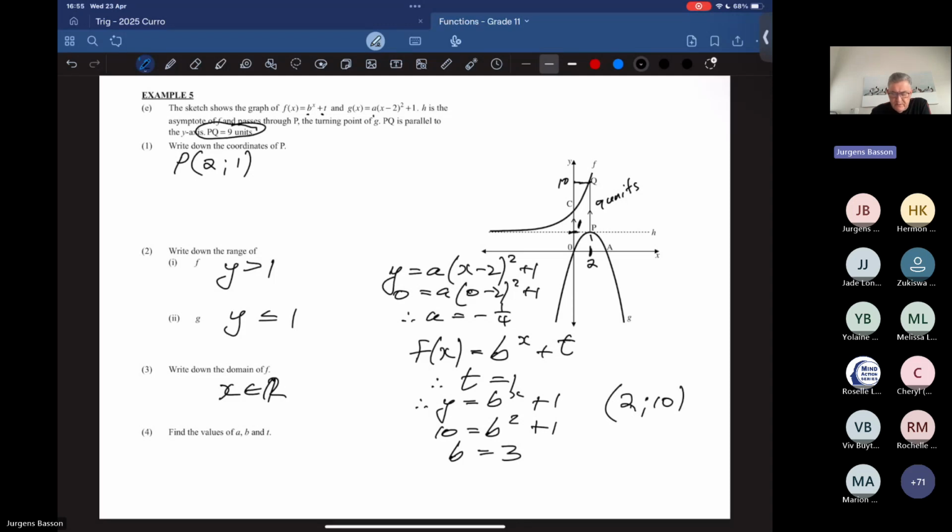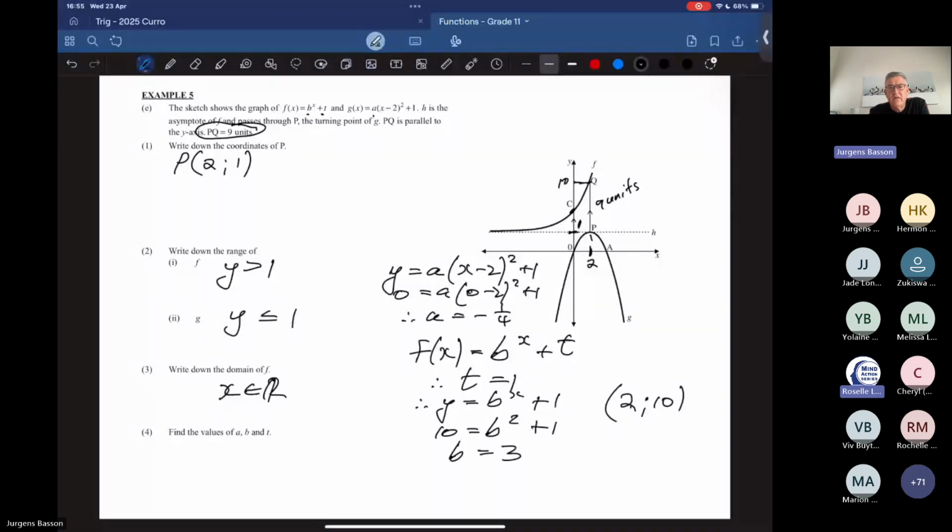We just needed to substitute a point, and that gives us A. So I think a question must be part of this to find B and T, but she referred to C. I don't know, does she refer to this C as the y-intercept on the drawing, or what? It's extremely difficult to answer.